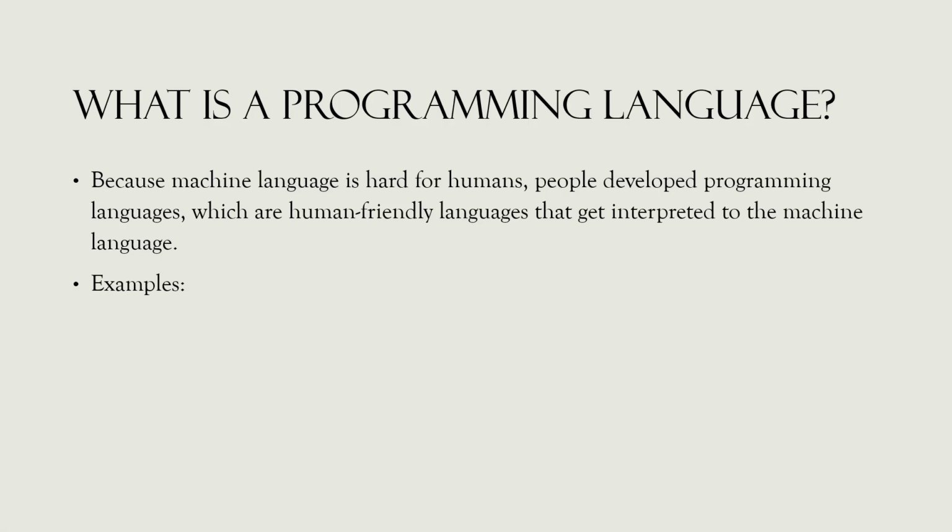A programming language is different from human language, but it's still something easier for humans to learn. And it's basically a bunch of commands you can give to the computer in human understandable form. But in between the programming language and the machine code, there has to be some kind of an interpreter.